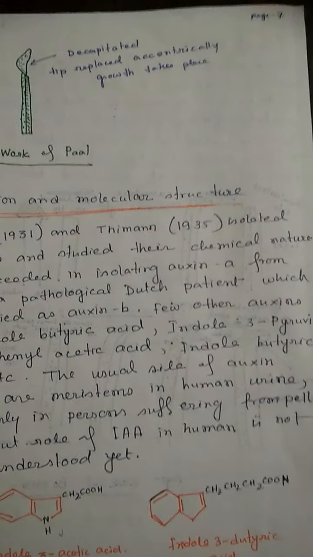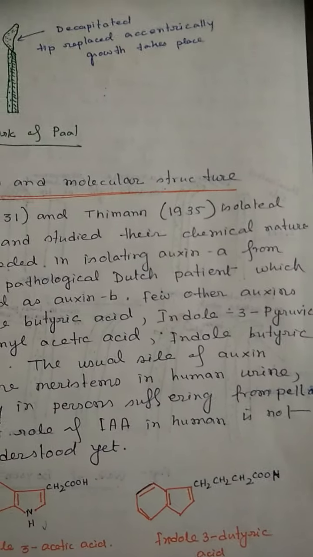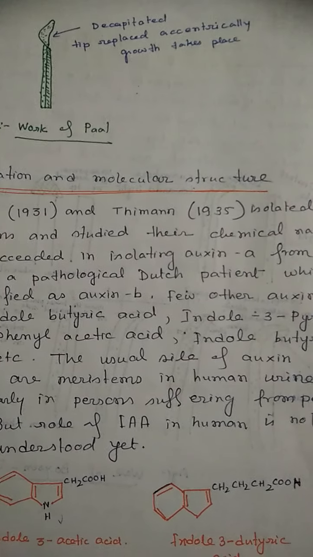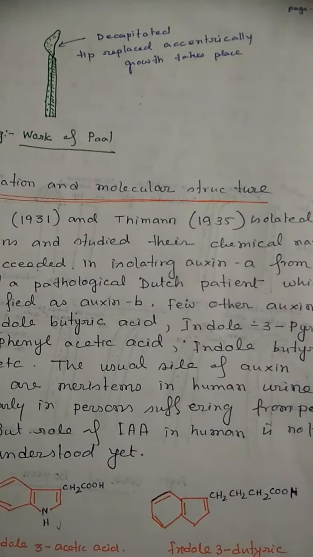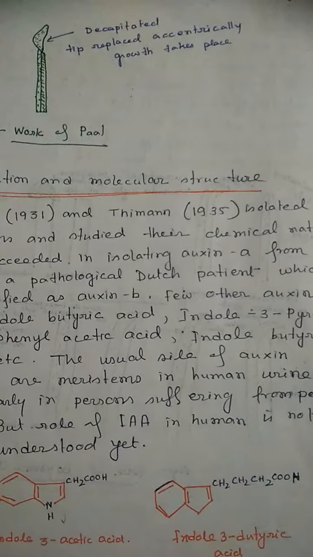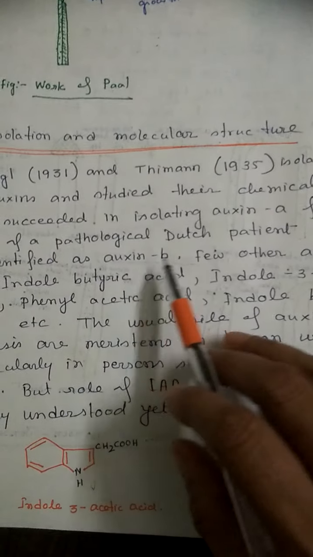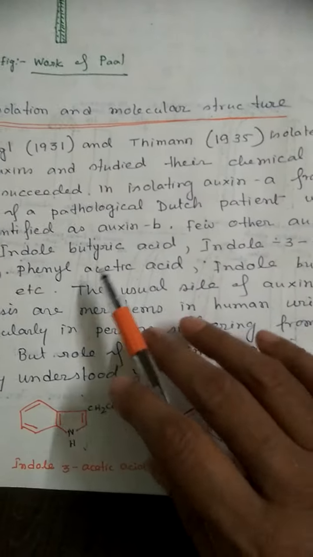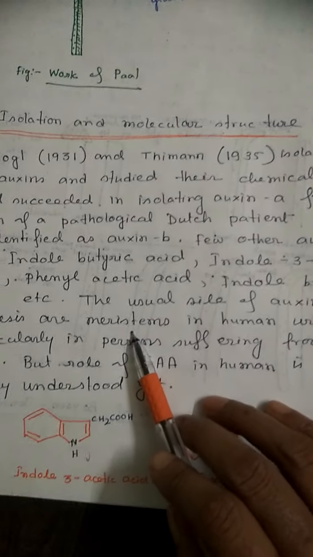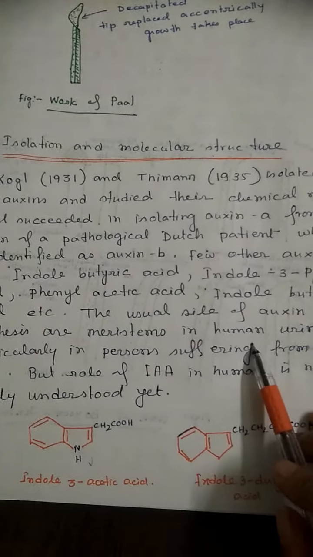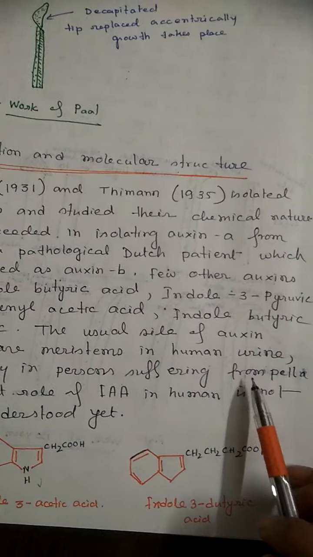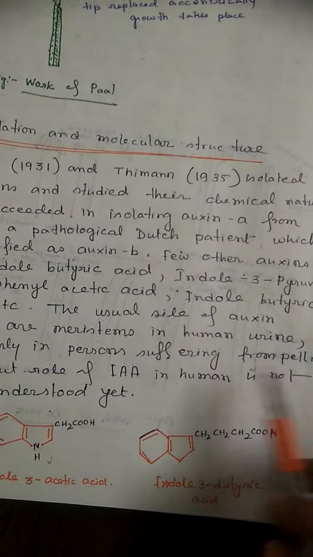In 1931, Kogl, and Thimann in 1935, isolated auxin and studied its chemical nature, isolating auxin from the urine of a pathological Dutch patient, which was identified as auxin B. A few other auxins are present; I already mentioned the names. Auxin is generally present in plants in the meristematic portion, and in human beings in urine, particularly in persons suffering from the disease pellagra.